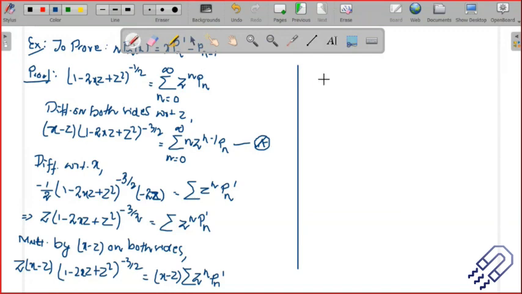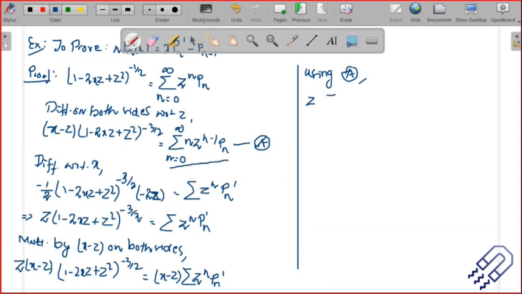Okay, let's use A. So what is my A? My A is this, x minus z into this is this. So that means I can write down z, and then this entire term will be replaced by this.